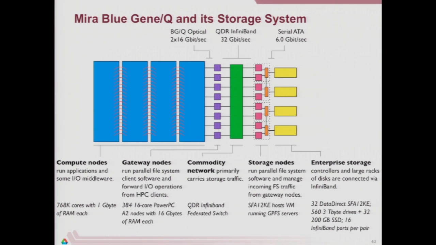They're a DataDirect hardware product, and they're integrated with the storage racks. We have 32 of these DataDirect racks out there right now, and about 1,500 terabytes per rack. So a whole bunch of disks hidden behind a relatively small number of servers. That's the kind of system, and I don't have a picture of the Spider system at Oak Ridge, but it has many similarities to this system.